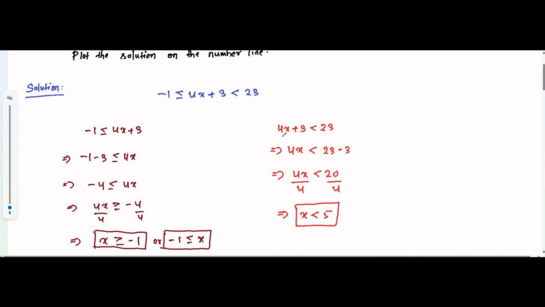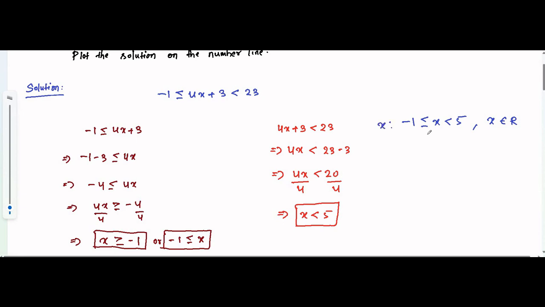So we have two parts of the solution, which is -1 lesser than or equal to x, or x greater than or equal to -1, and x lesser than 5, with x belonging to the set of real numbers. So this is the solution of x.